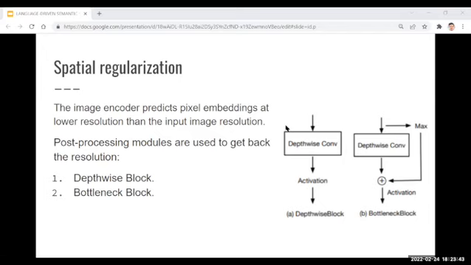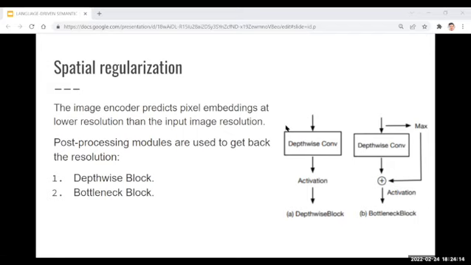So you have done the text encoding, you have done the image encoding, you have done the correlation, but finally what we get out of all this is an image which has a lower resolution than the input image resolution. So what is done for this is that two post-processing modules are proposed. One is the depth-wise block and the other is the bottleneck block.